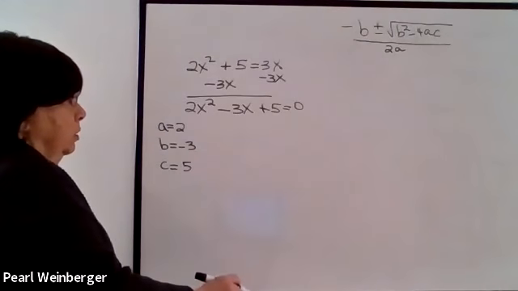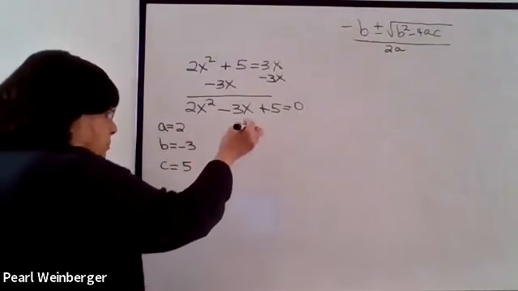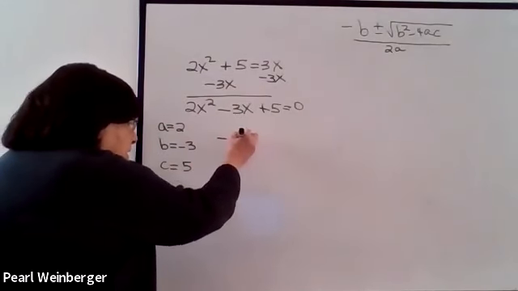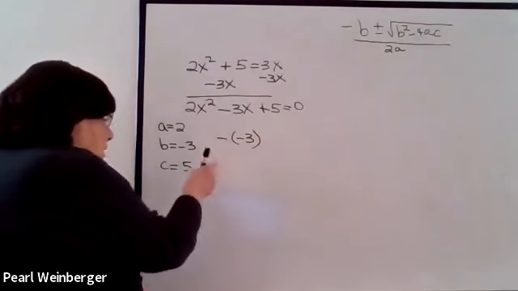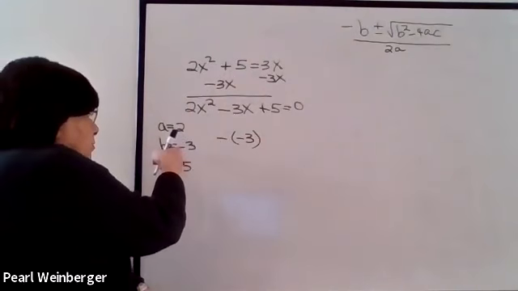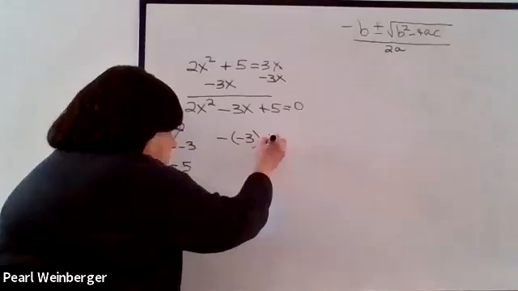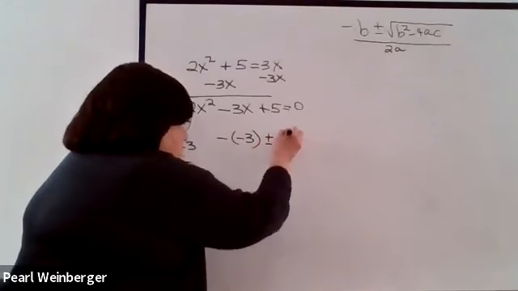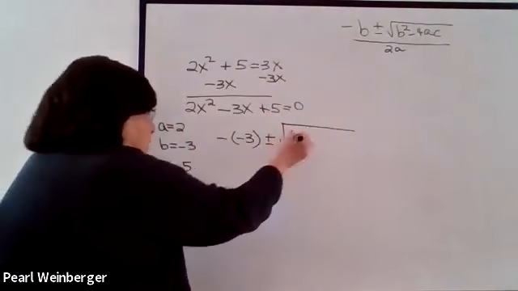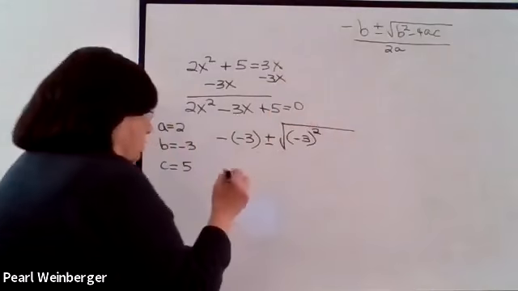Okay. So what do we do? We take our formula and we fill in the numbers. So it's negative b, so it's negative of negative 3. Notice there are 2 negatives here. Because we're doing negative b, you have to do the negative of the negative 3. Plus or minus the square root. Now it's b squared, and b again is negative 3, so I'm going to have to square the negative 3.